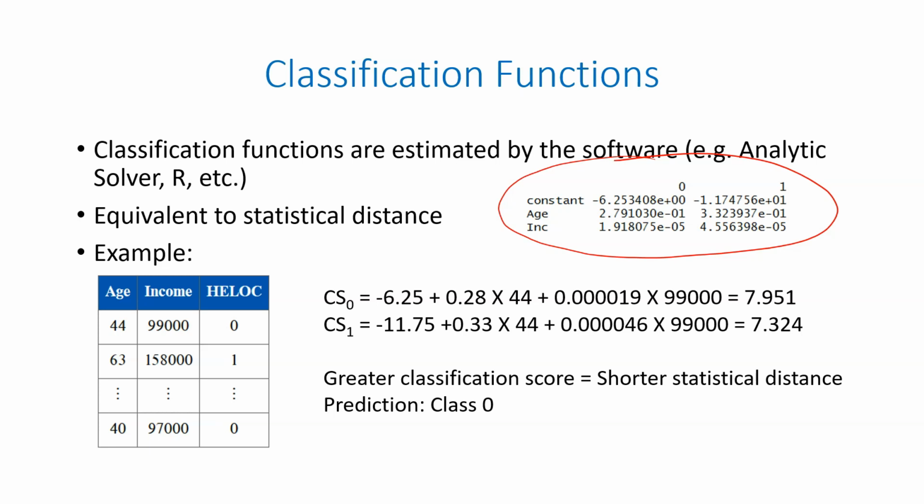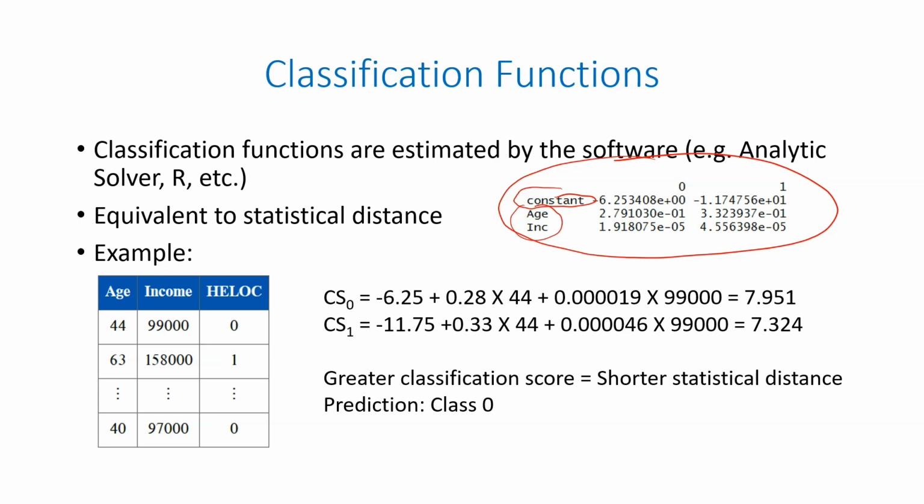So if there are 3 classes, then 3 classification functions are going to be generated by the software product. Each classification function has a constant value and coefficients for the predictor variables, as you would see in the regression model.